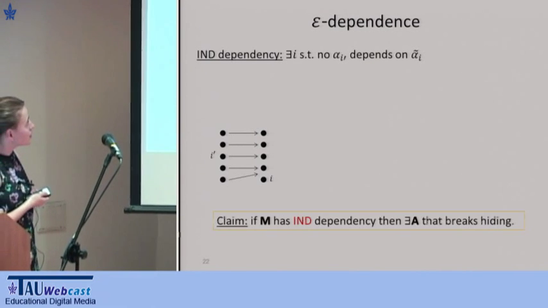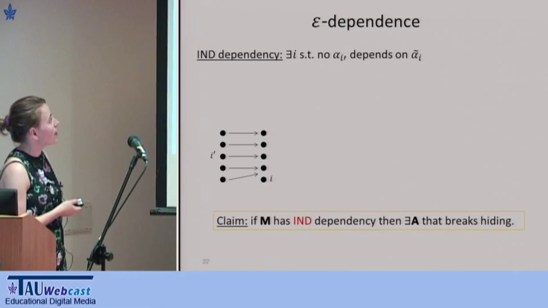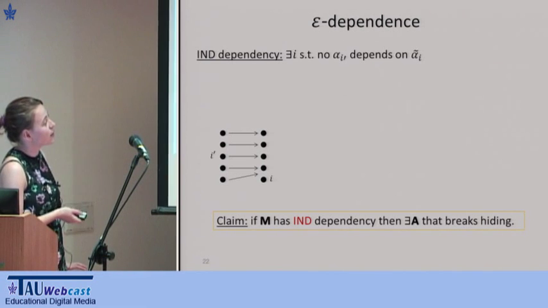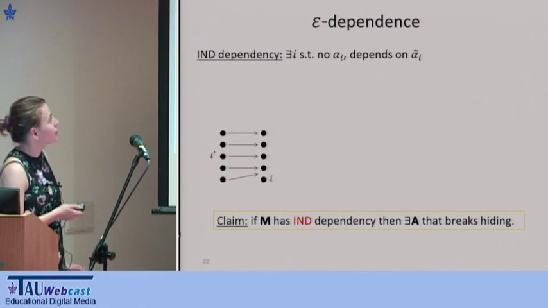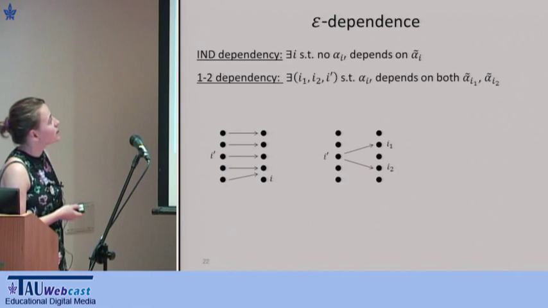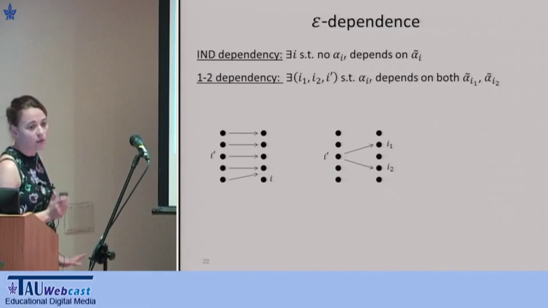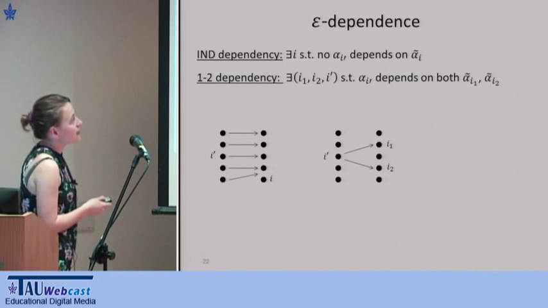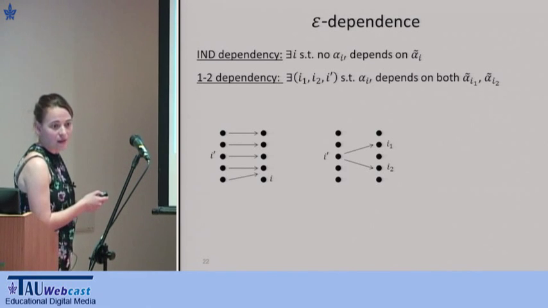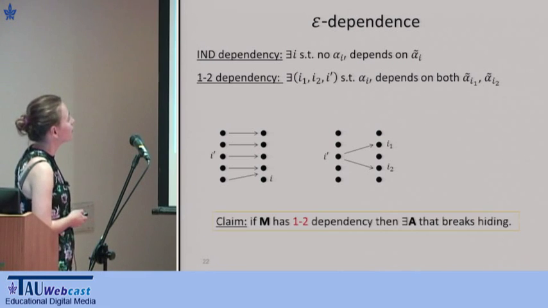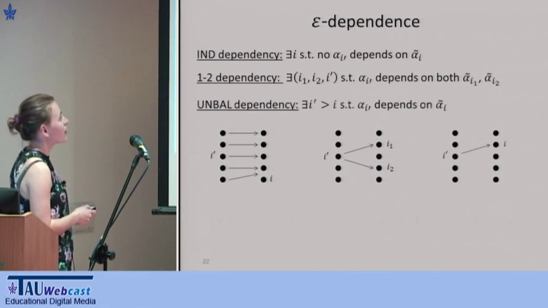For this case, we show that if M has this kind of dependency, then we can break the hiding. Another kind of dependency is 1 to 2. It means that we have two coordinates on the right such that when I fix this, this will be fixed, and when I fix this, this also will be fixed. It doesn't mean that I need to fix them together. Each one of them, when it is fixed, the left one will be fixed. So also for that, we can break hiding.